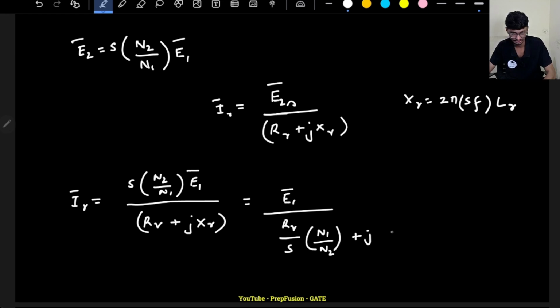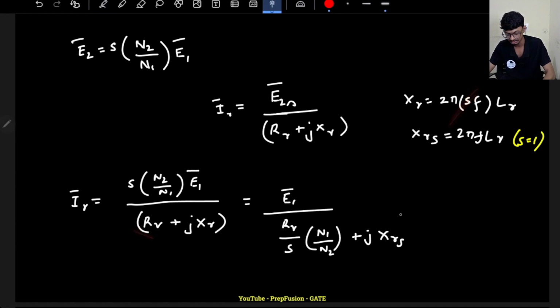Remember, I'm dividing by S. If I assume this is my XR at S, XRS is basically a fixed value, that is 2 pi f LR, where my slip is 1. That means the rotor frequency and the stator frequency are the same. So then it comes out to be XRS, because I'm dividing by S, the S is getting cancelled. N1 by N2 is there already, so into N1 by N2 will be there.